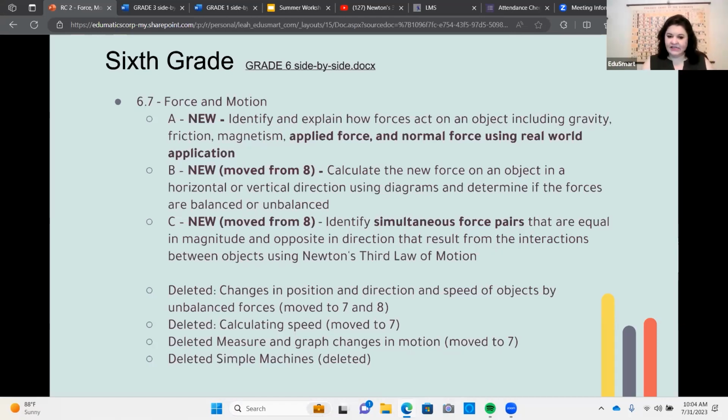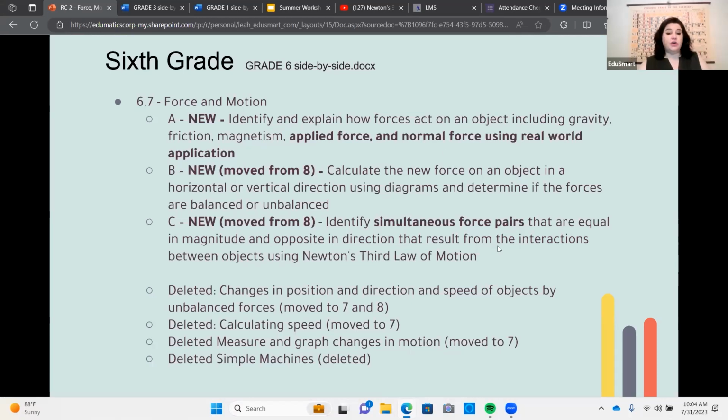Calculating speed is now in 7th grade. Measuring and graphing changes in motion is now in 7th grade, and it's completely deleted the inclined plane and all simple machines. So we no longer talk about simple machines in elementary or middle school. They deemed it was not developmentally appropriate.